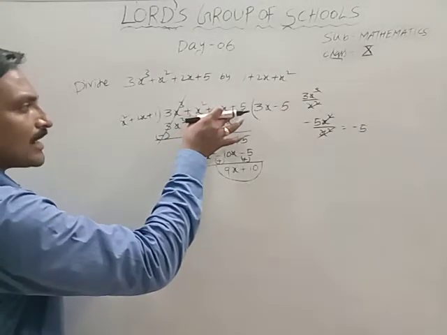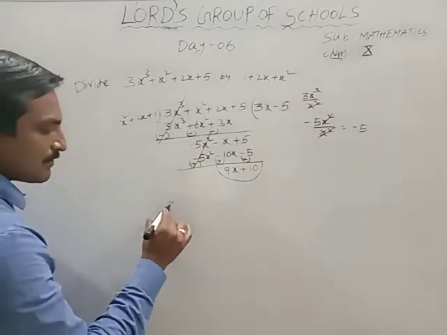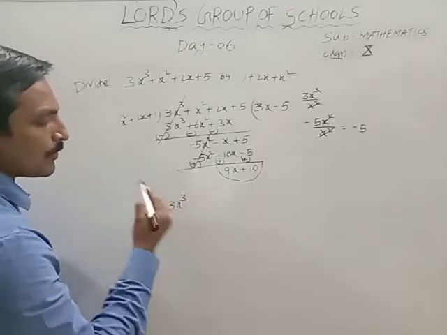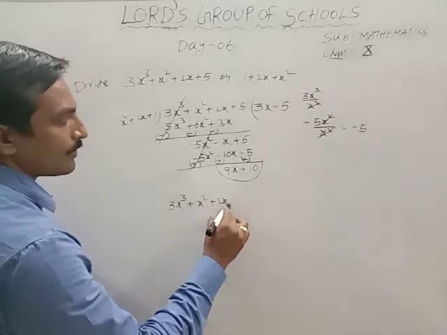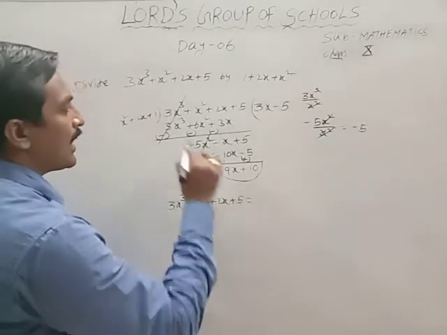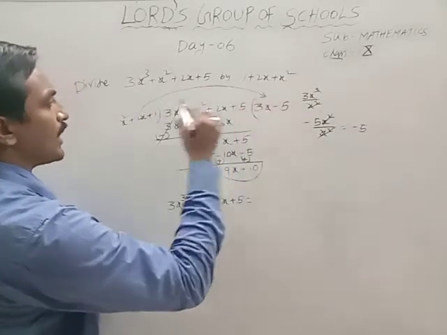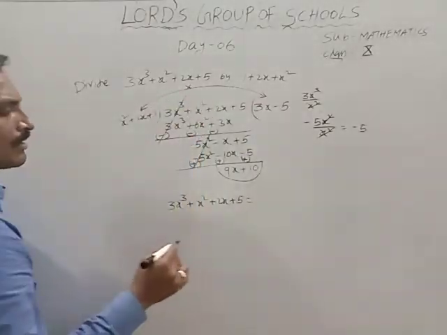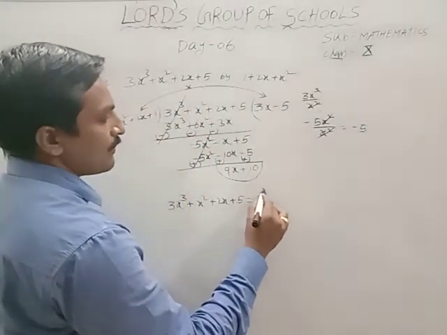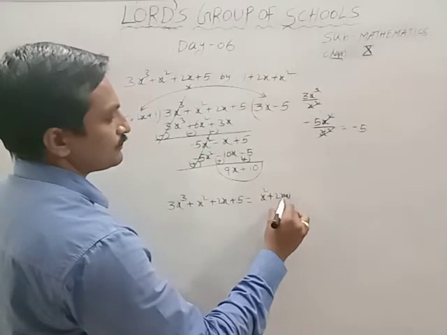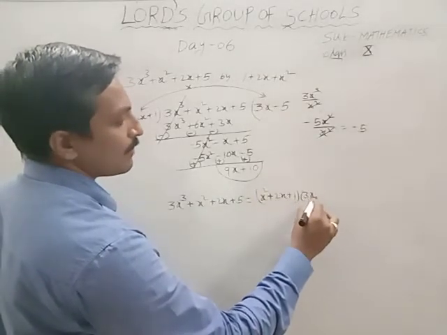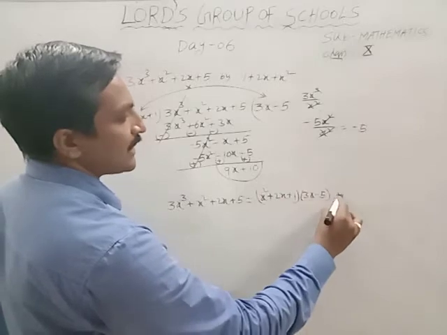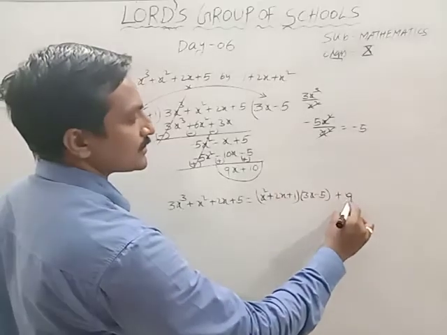What is written in the dividend place, that polynomial is equal to divisor into quotient, x square plus 2x plus 1 into 3x minus 5, plus remainder 9x plus 10.